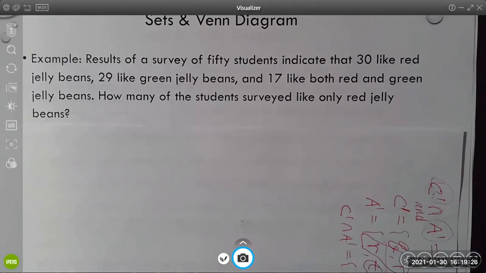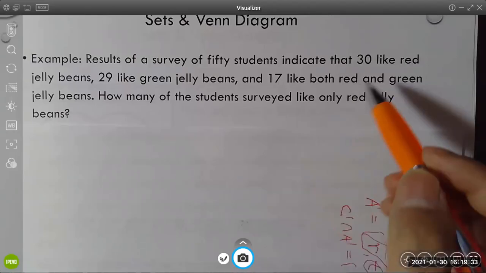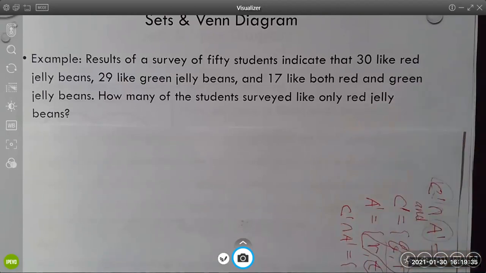How many of the students surveyed like only red jelly beans? When they say 30 like red jelly beans, that includes anyone who likes red jelly beans, including those who like both. Now the question is, how many students only like red jelly beans? They don't like both.